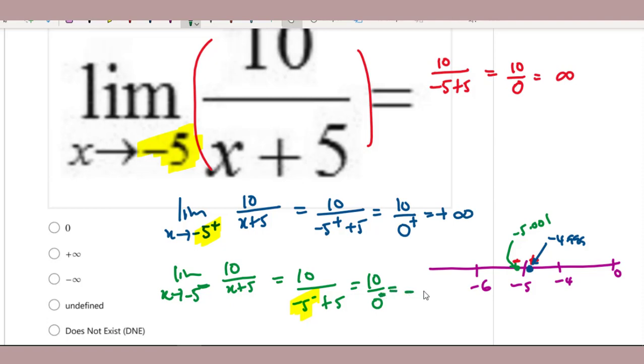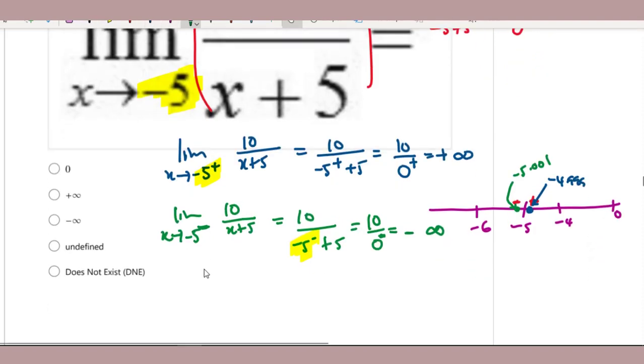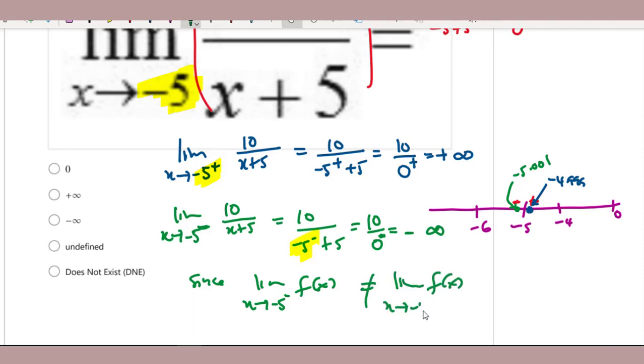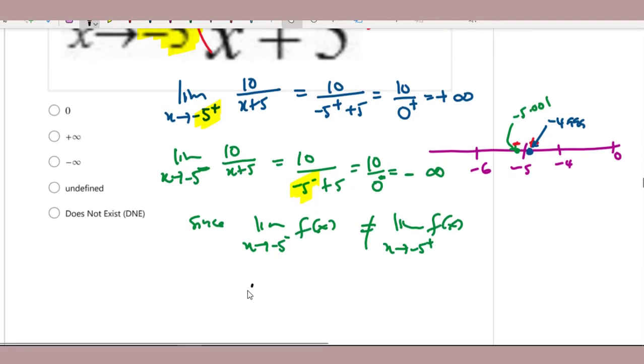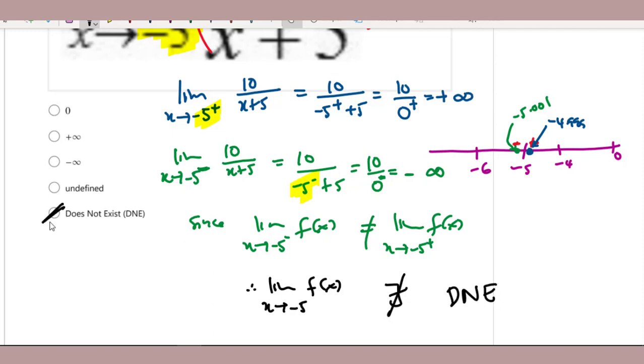So it is equal to negative infinity. Then you can conclude that since the limit of f(x) as x approaches negative 5 from the left is not equal to the limit from the right, therefore the limit as x approaches negative 5 does not exist. Here is the answer, does not exist.